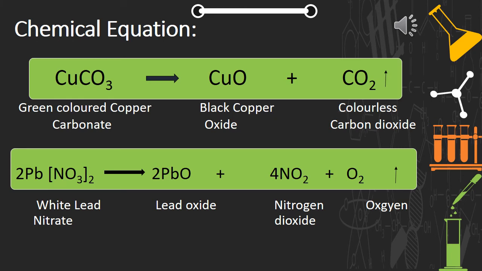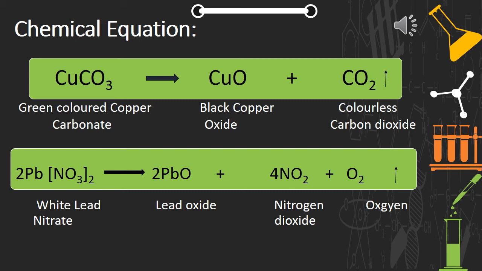So when CuCO3, copper carbonate, is heated, a new substance is formed, that is copper oxide, which is black in color. So CuO, again Cu is copper, O is oxygen, oxide. So CuO is the formula for copper oxide.